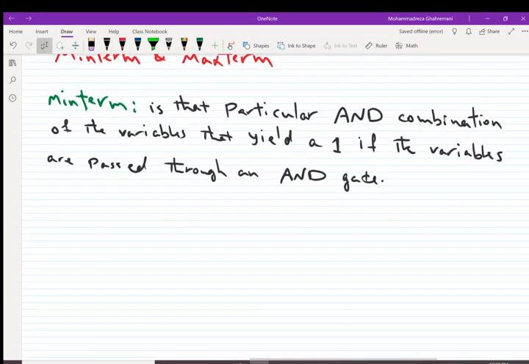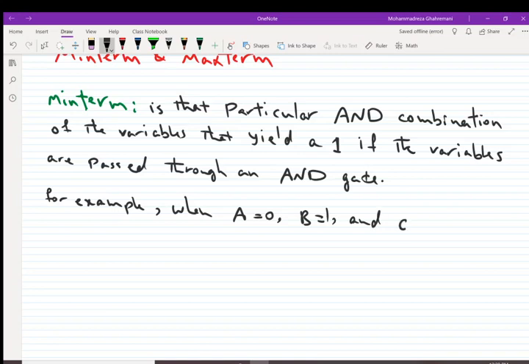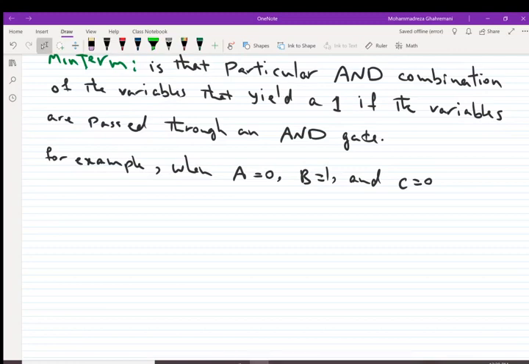Let's see, for example, when A as a variable is 0, B is 1, and C is 0. So what is the corresponding minterm of these variables? We should find the combination of these variables which yields a 1 if they are applied to the AND gate.